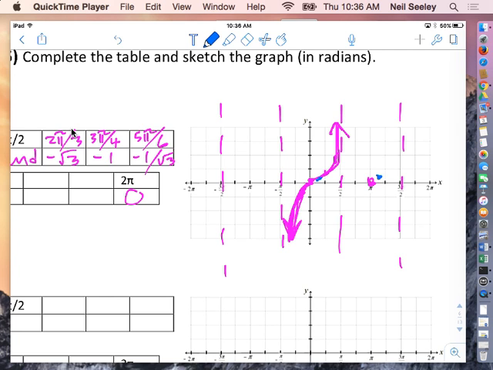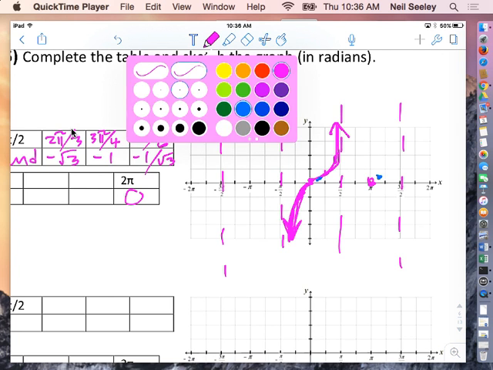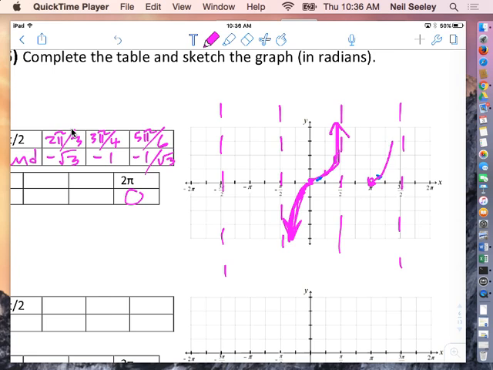This graph repeats itself, over and over again, and it snuggles those asymptotes. Tangent goes forever and ever repeating this pattern. That's tangent. And it has an odd symmetry. And the vertical asymptotes are actually pi apart. The distance between these is a distance of pi. It's like a half circle, about 180 degrees apart.